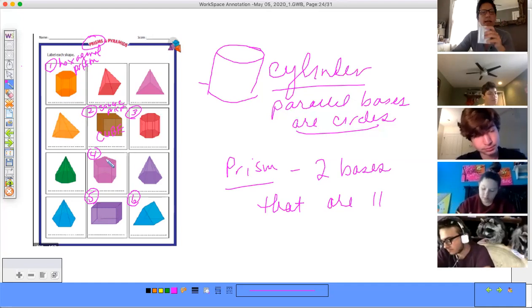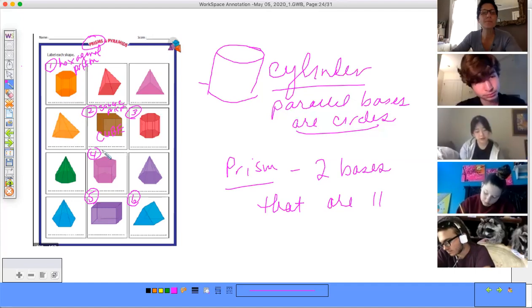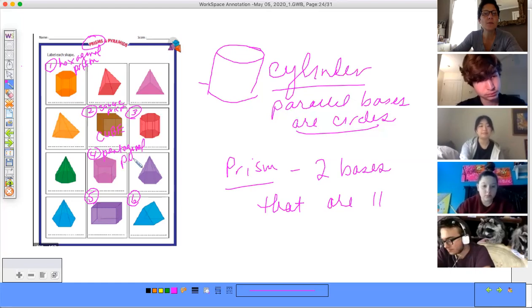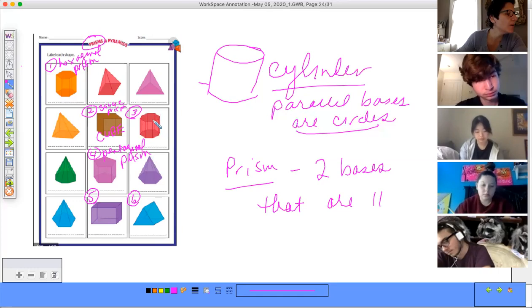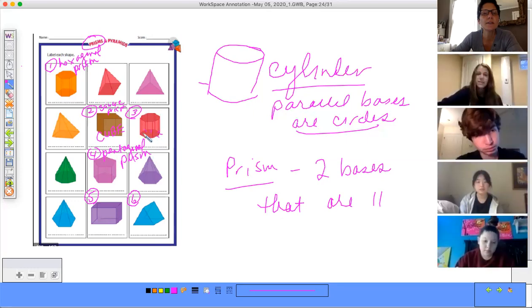Number 4, Julia, what do you got for that one? It's a pentagonal prism, yep. Oh, I skipped number 3. So on number 3, we're going to go with Emily. What kind of a prism is number 3? An octagonal prism.